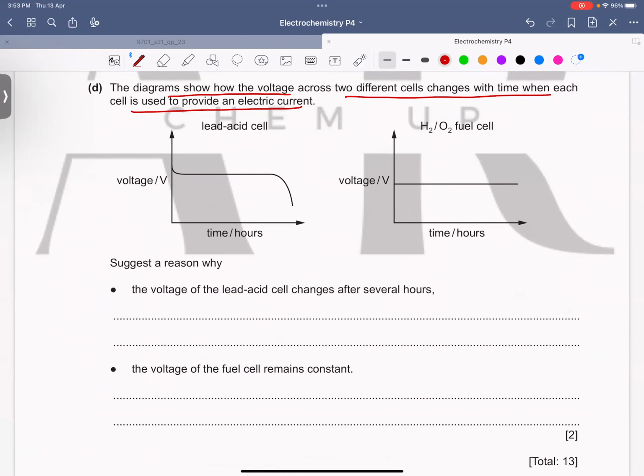Yes, who can answer? Can anybody tell me the answer?